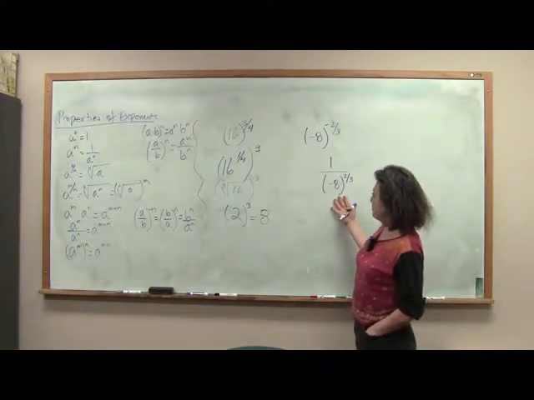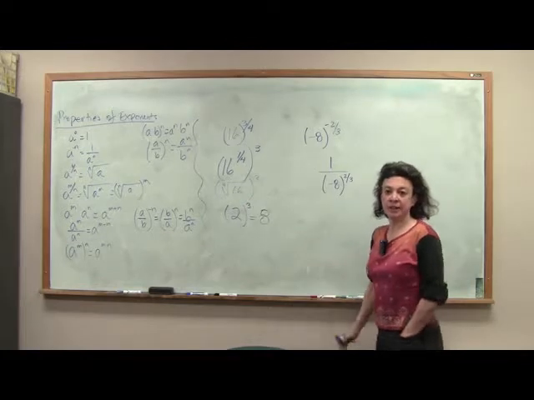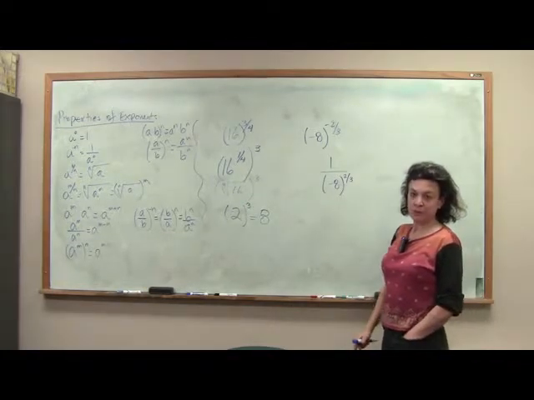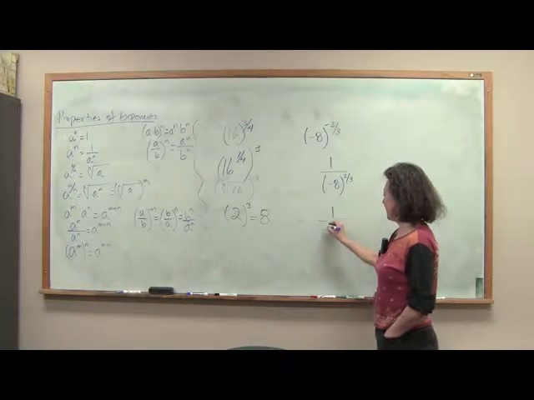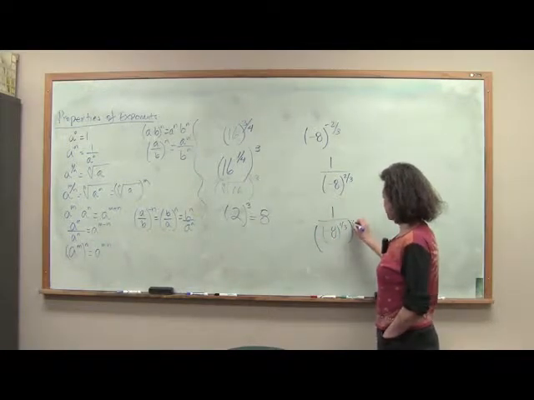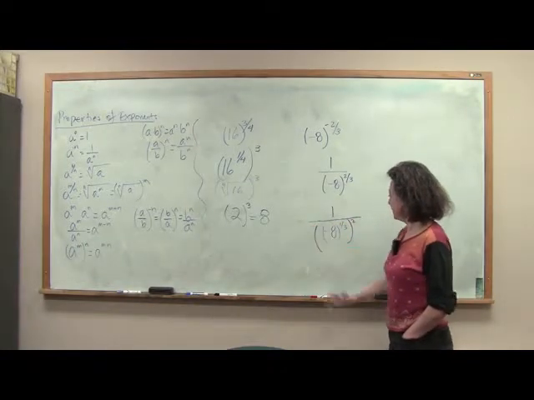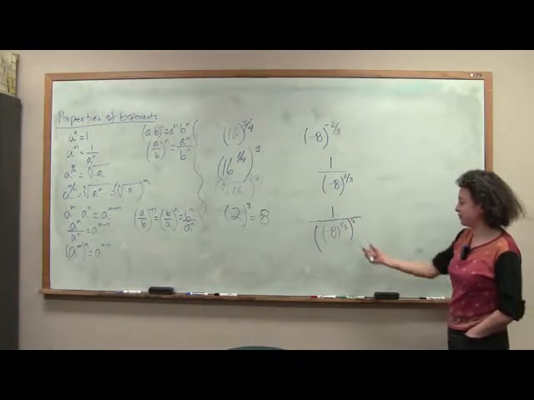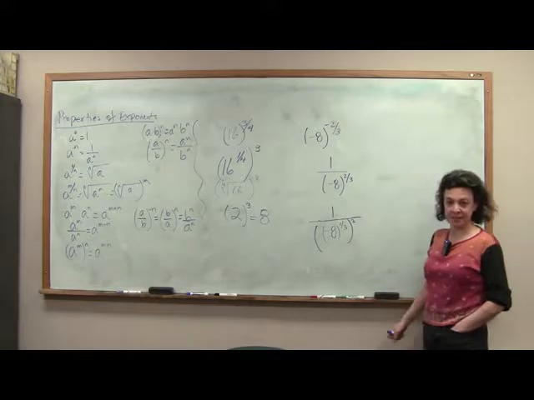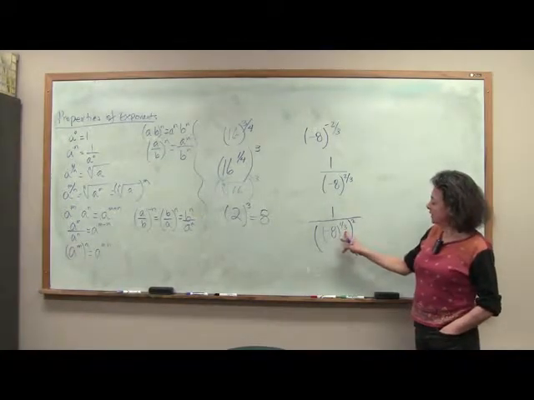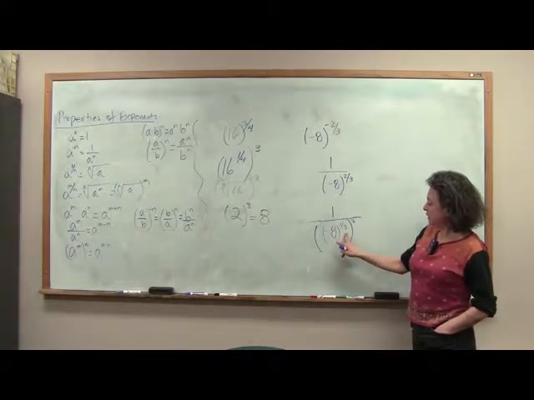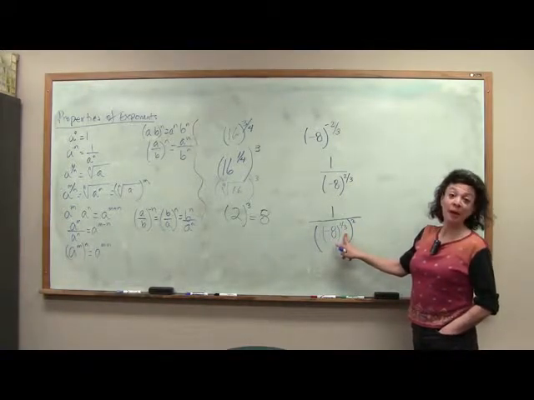Okay? Now, how would I proceed from here? I would follow along in a very similar manner as to what we just did. I would write that as 1 over negative 8 to the 1/3 power squared. Now, there's a lot of parentheses, but I just want to keep this negative 8 all together. Okay? Now, what does it mean to take negative 8 to the 1/3 power?